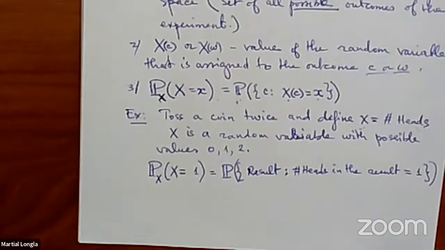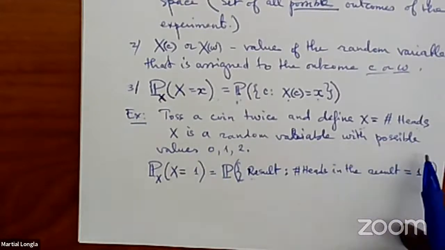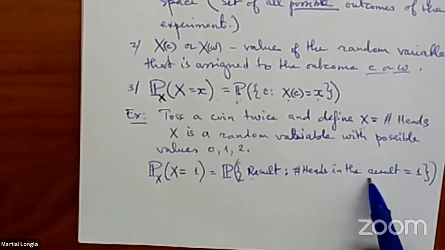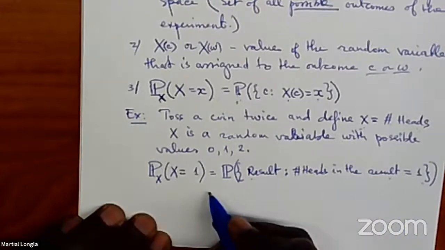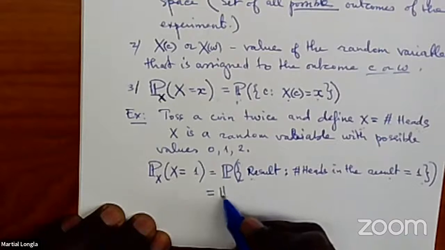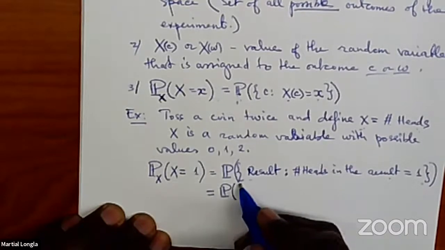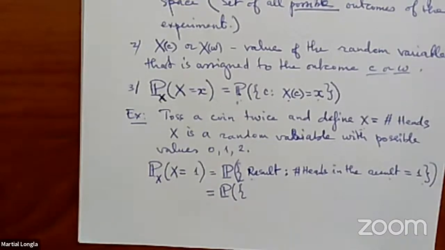So what is the probability that X is equal to 1? It's the probability of the set of all results of this experiment for which the number of heads in the result is equal to 1. And now you can write down what that is, taking into account what the result is supposed to be. The result would be head-head, head-tail, tail-head, or tail-tail, right?